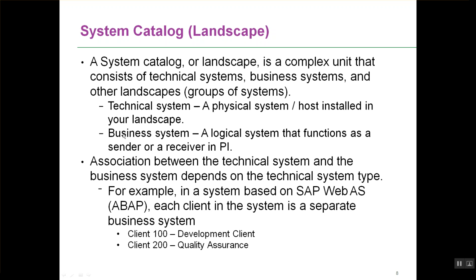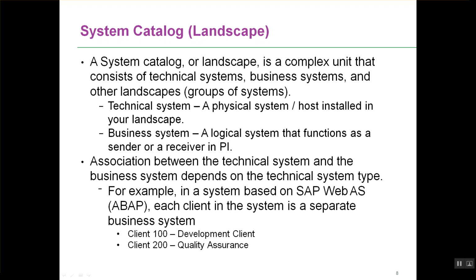A business system is nothing but a logical system that functions as a sender or receiver in PI. What that means is, for each technical system, you can define one or multiple business systems. Within the PI layer, within the PI Integration Directory, you will use what we call a business system. So it is just a logical wrapper to your technical system.